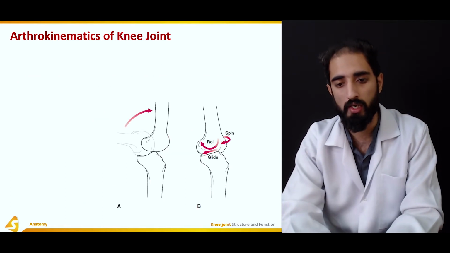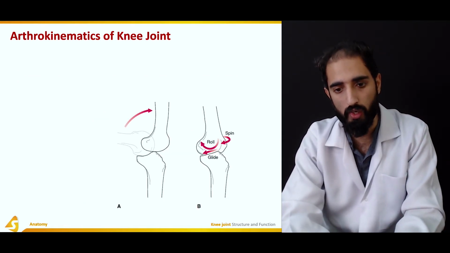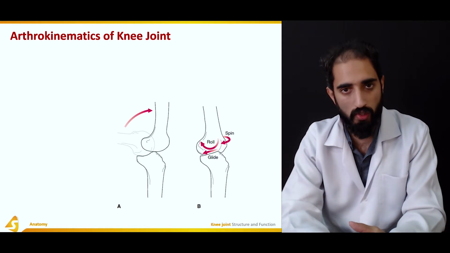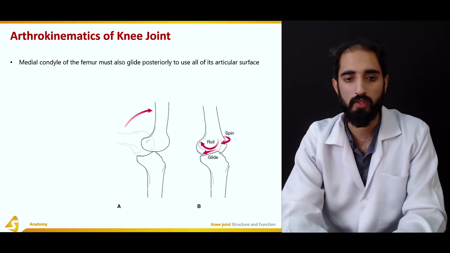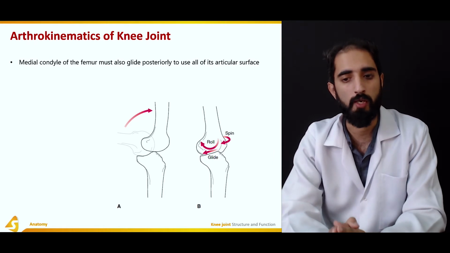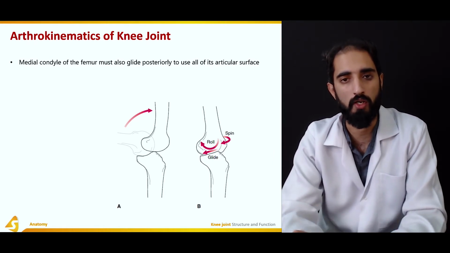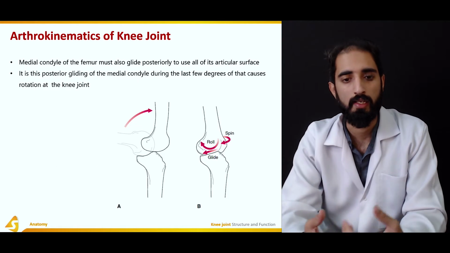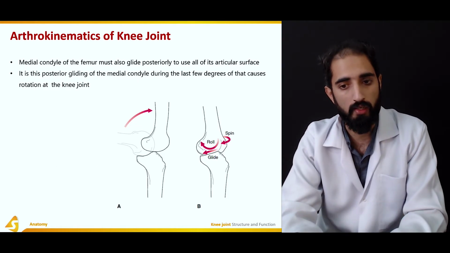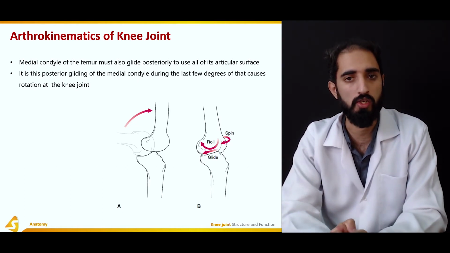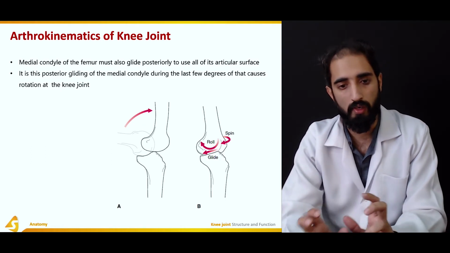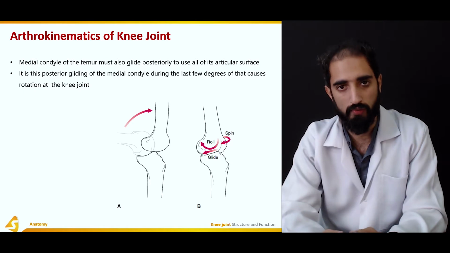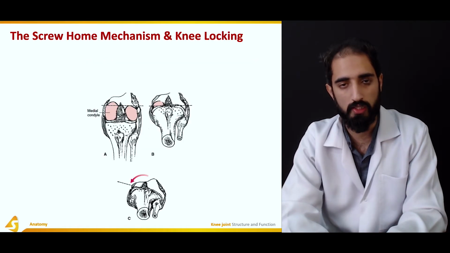Whenever there is extension at the knee joint, the tibia rotates externally and the femur rotates internally. So the medial condyle of the femur must glide posteriorly to use all of its articular surface, and it is this posterior gliding of the medial condyle during the last few degrees of extension that causes rotation at the knee joint, specifically internal rotation of the femur and external rotation of the tibia.